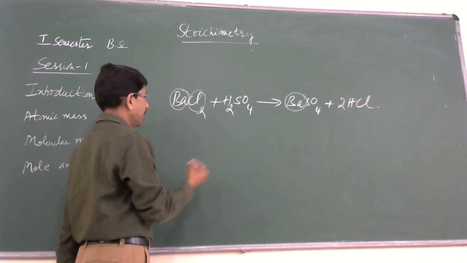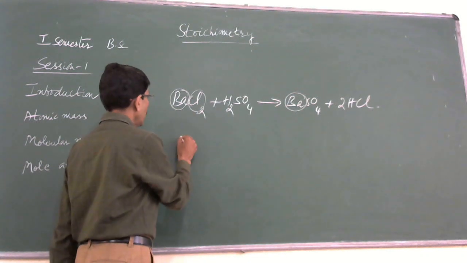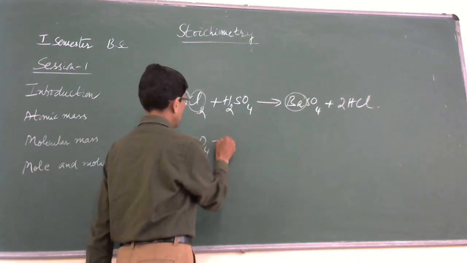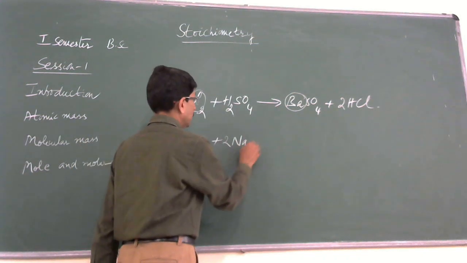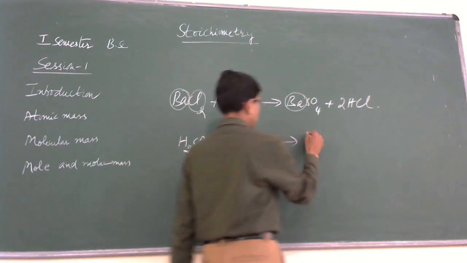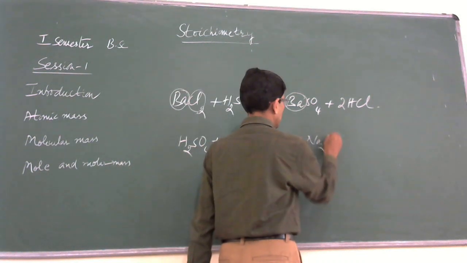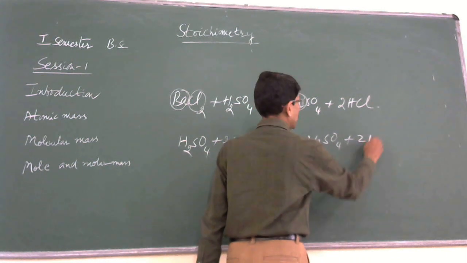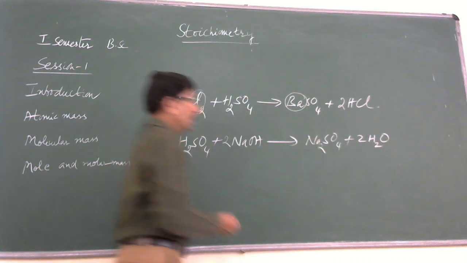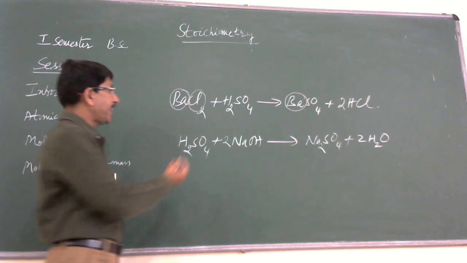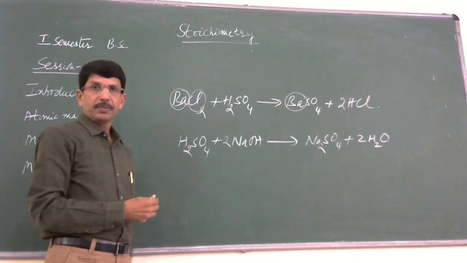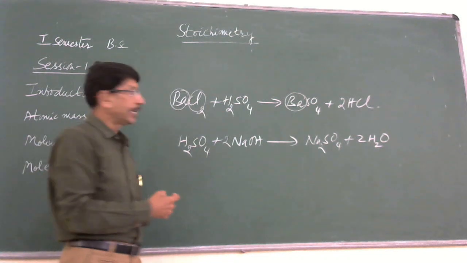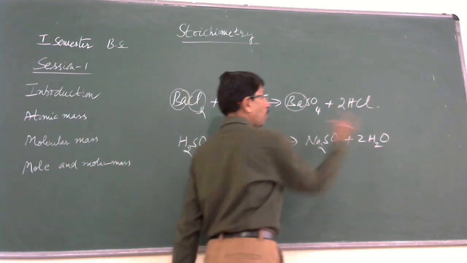Similarly, if you take another reaction, so the reaction is an acid-base reaction, of course, carried out in aqueous medium. So we have sulfuric acid reacting with sodium hydroxide, giving rise to sodium sulfate and water.